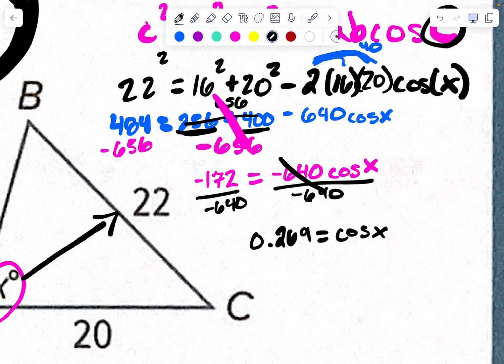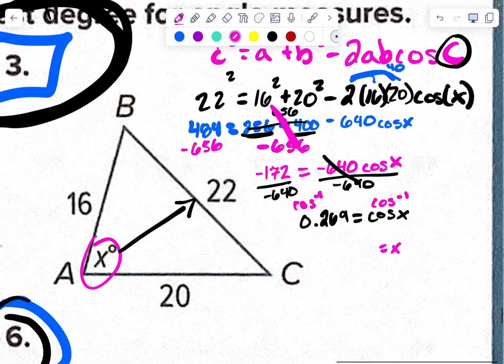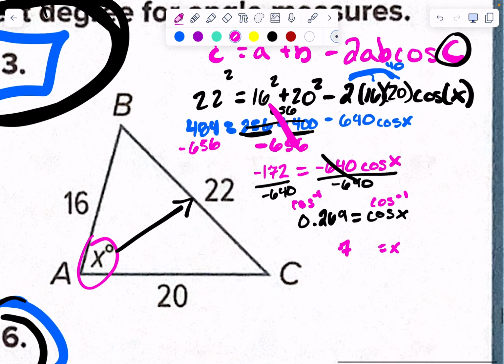And then we do inverse cosine. This is the pain in the butt part. x equals the inverse cosine of that, which is 74.4, so 74 degrees, because they want us to round to the nearest degree.